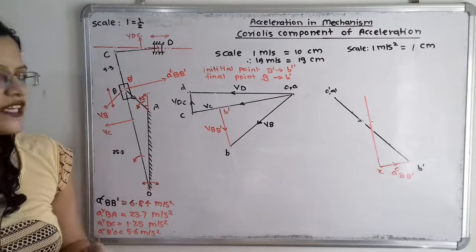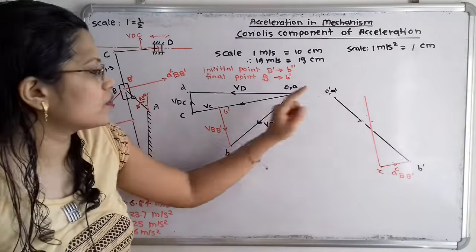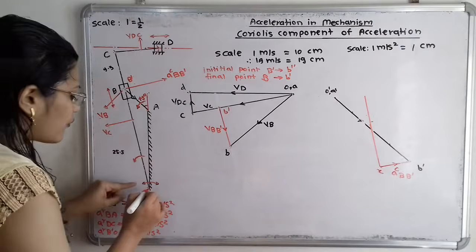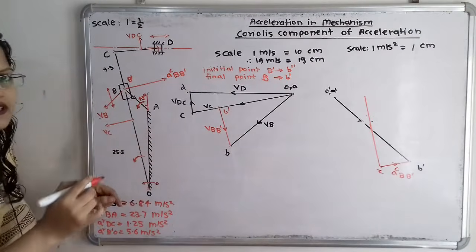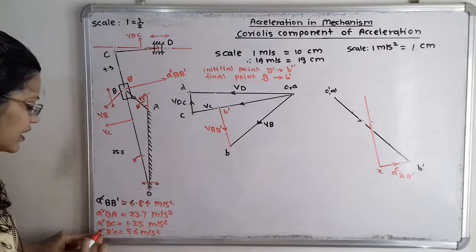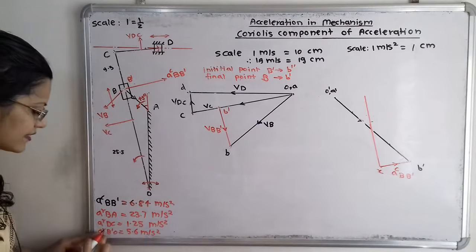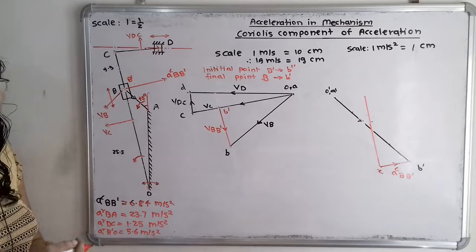Now we will move for the next. So if we observe here O dash is the fixed point. So from this O dash here O to B dash is the one link. So for this O to B dash, if we observe, we have calculated the radial component of acceleration.